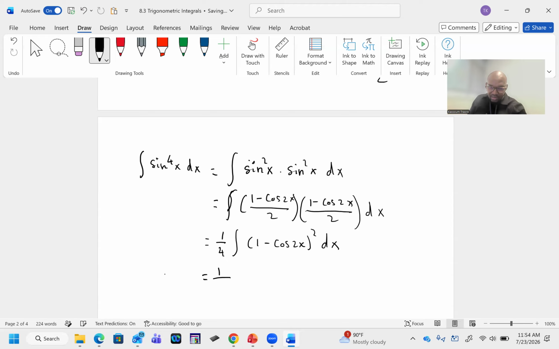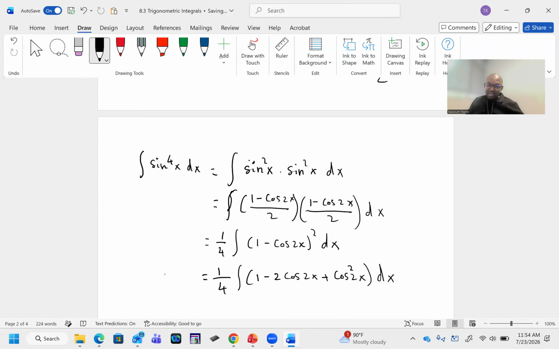If I expand 1 minus cosine of 2x squared, I will get 1 minus 2 cosine of 2x plus cosine squared of 2x dx.